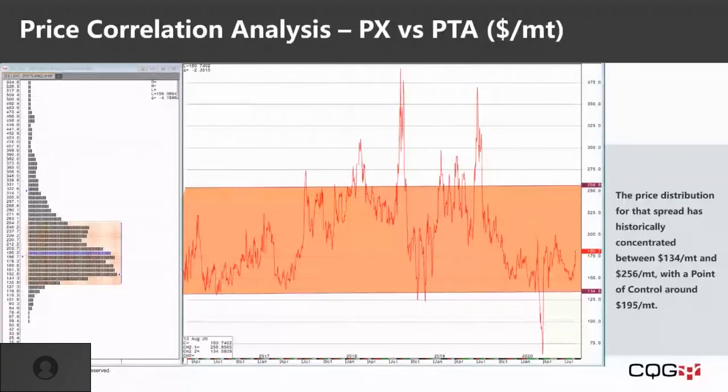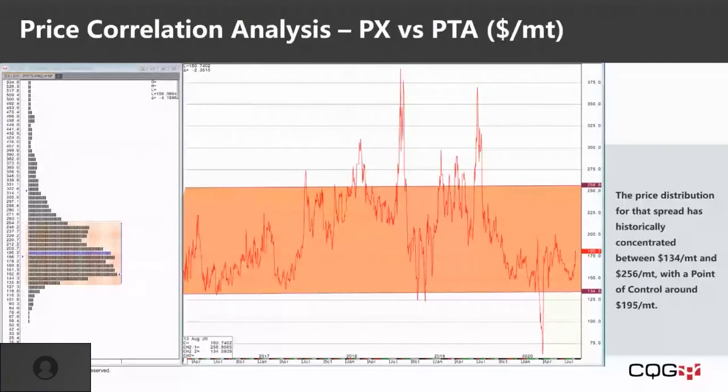Below $134, there's not much activity and completely rejected prices. On the upper side it's a little different, but still, it's very difficult to profit from that spread at those points in time.